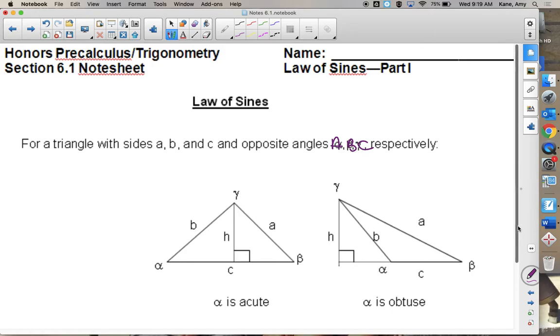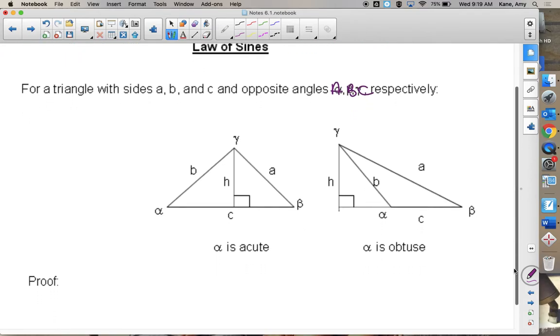So we have two triangles that are drawn. The first one is the acute situation that we drew on the previous page, and angle A is right here on the left. Then we have the obtuse situation, which is on the right side, and we're making angle A that obtuse angle.